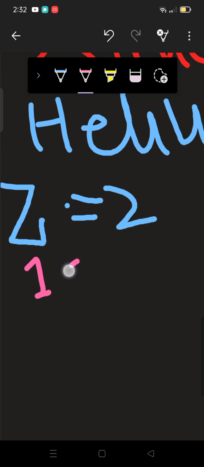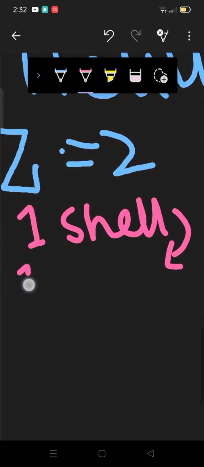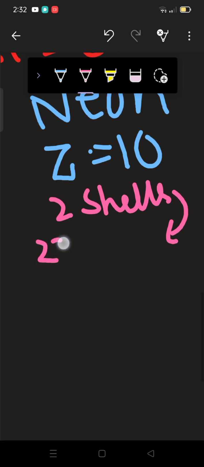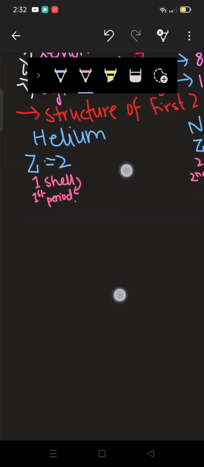It will have only one shell since it belongs to the first period. And neon will have two shells since it belongs to the second period.